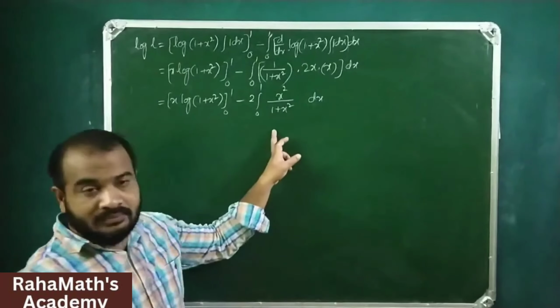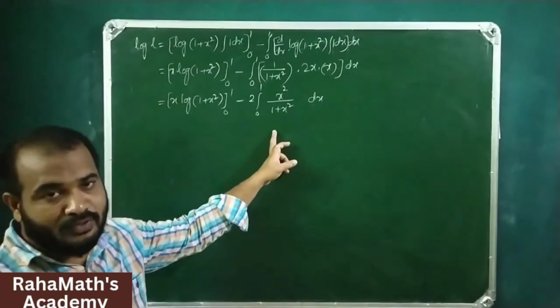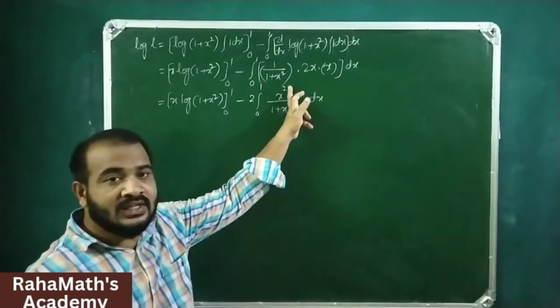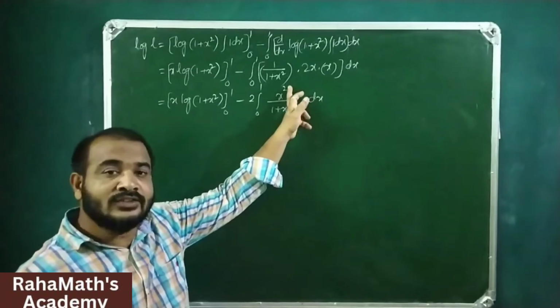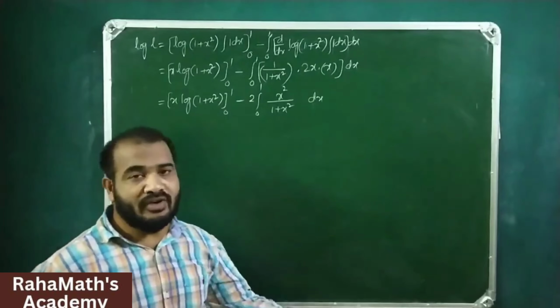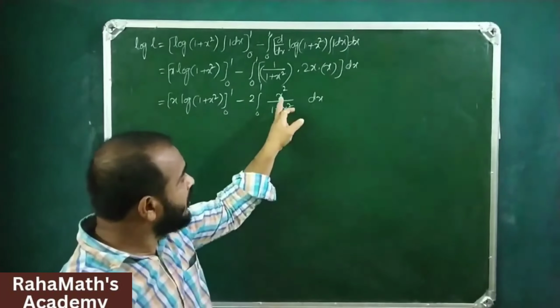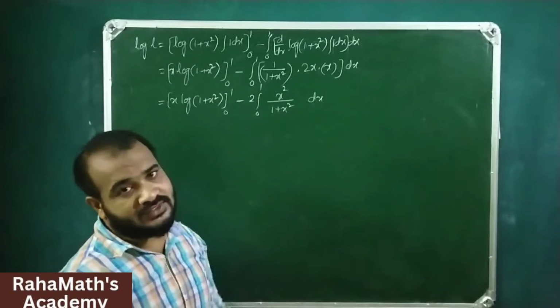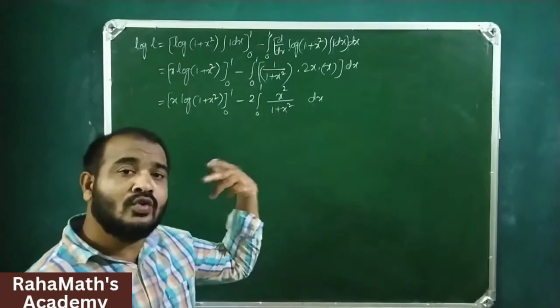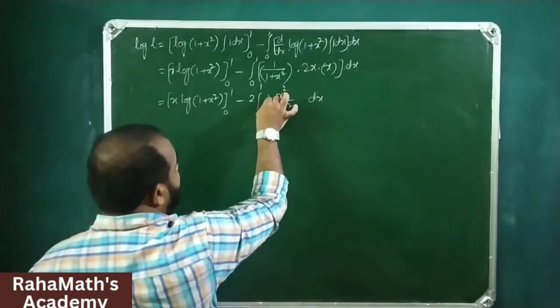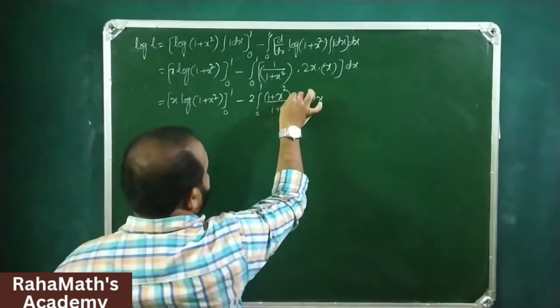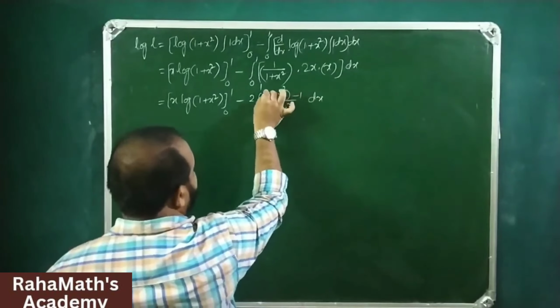This is an improper fraction because the degree of the numerator is 2 and the degree of the denominator is also 2. Such fractions, where the degree of f(x) is greater than or equal to the degree of g(x), are said to be improper fractions, for which we need to divide x² by 1 + x². Otherwise you can even go for balancing: I will add 1 and subtract 1 without loss of generality.